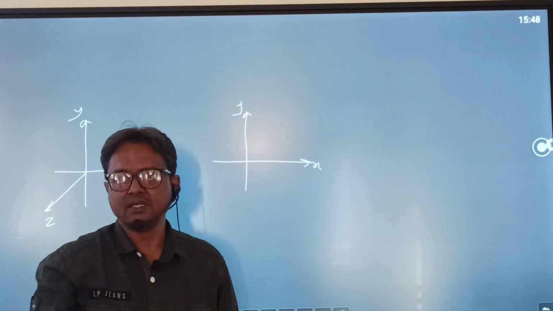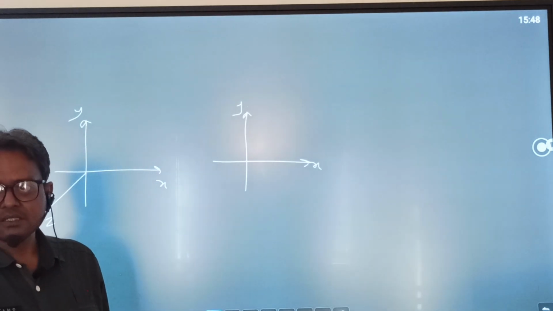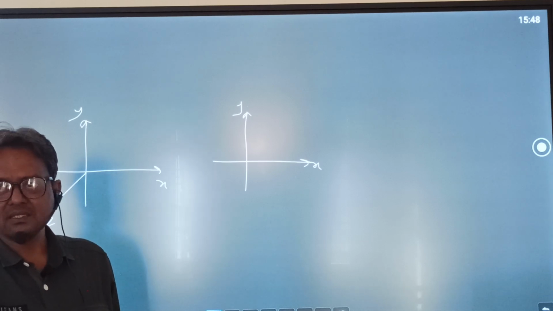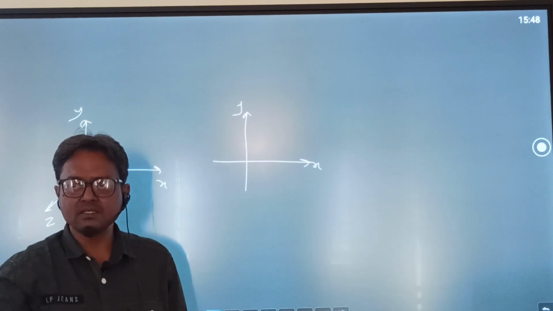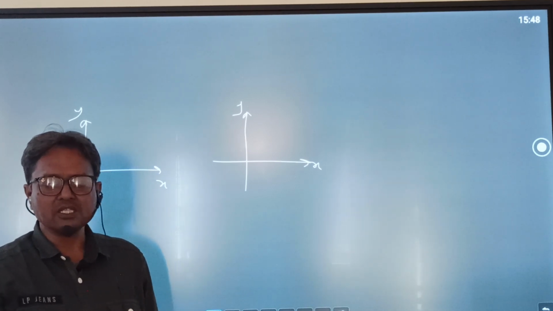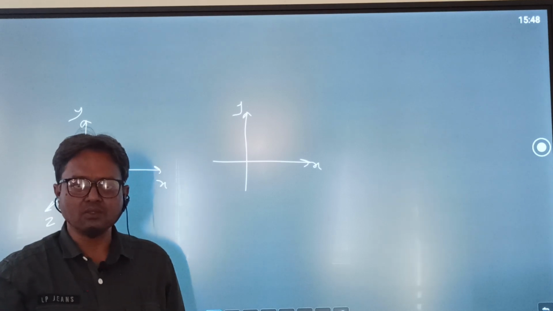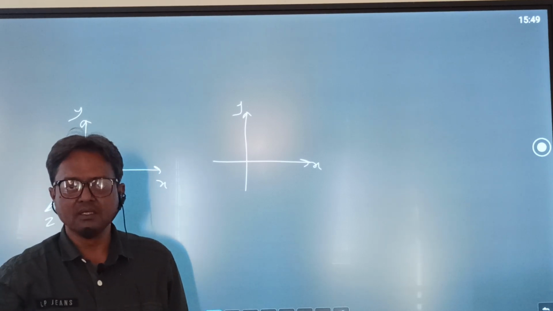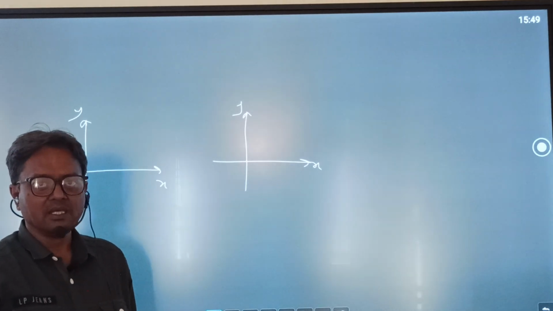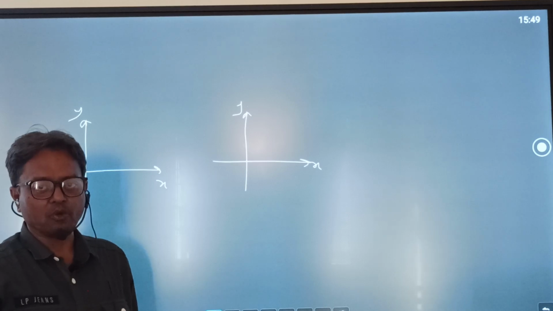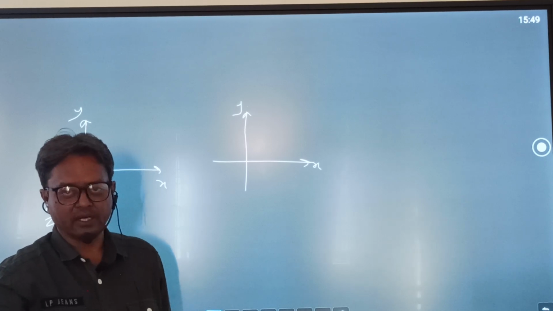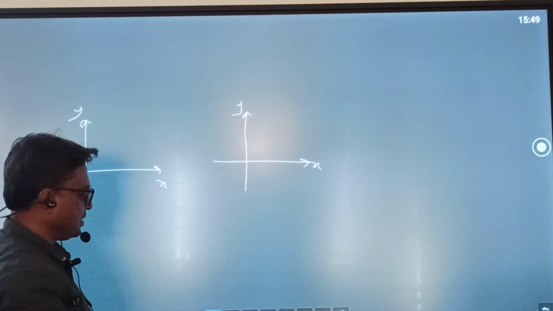So in a plane generally we resolve a vector into two components, and in space we resolve a vector into three components, which are perpendicular to each other, x, y and z. So if we split a vector into components, and the components are perpendicular to each other, they are called rectangular components.